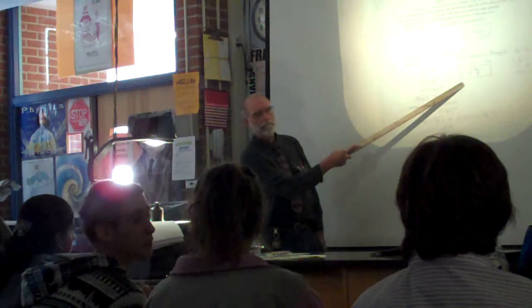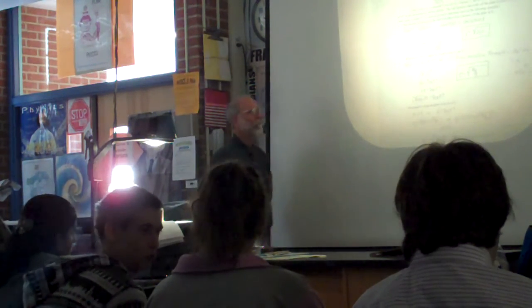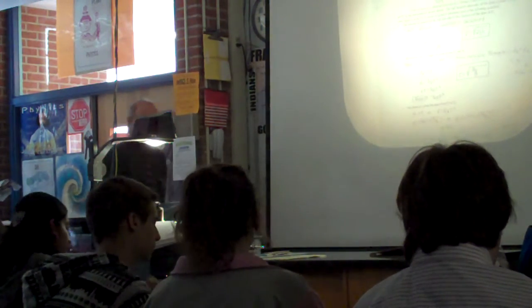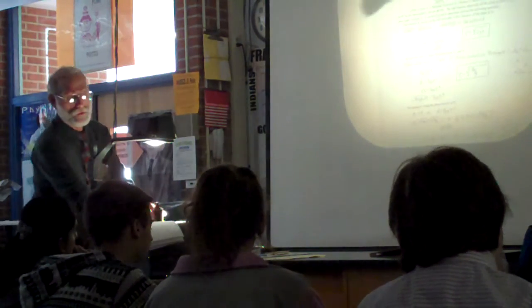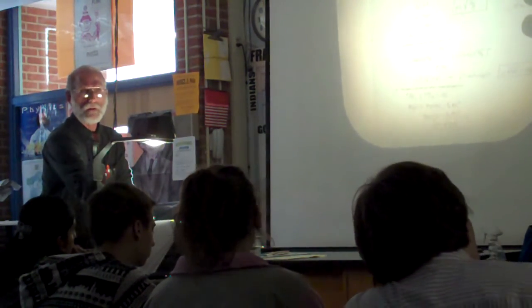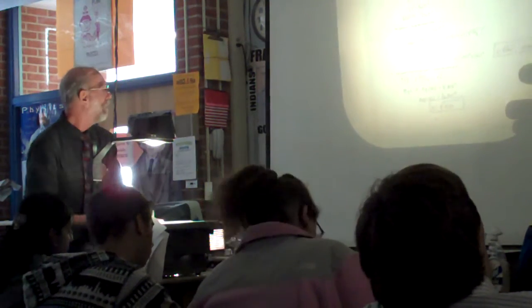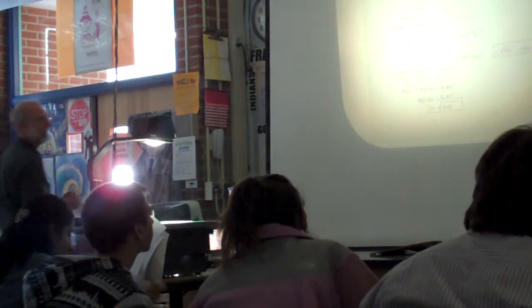Solve for t. So that 45-degree angle allows you to equate the vertical velocity, the horizontal velocity, the vertical displacement and the horizontal displacement. It's those kinds of jumps that the AP people are expecting you to be able to do.